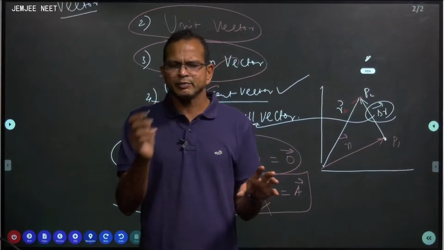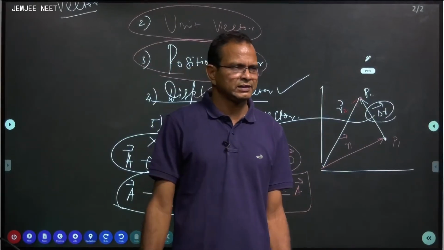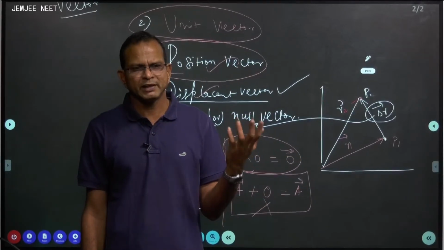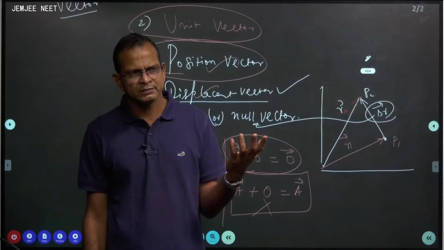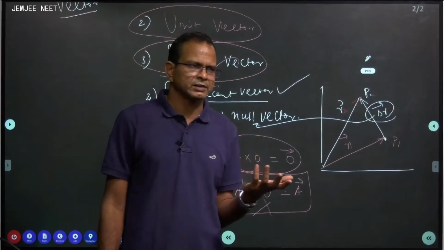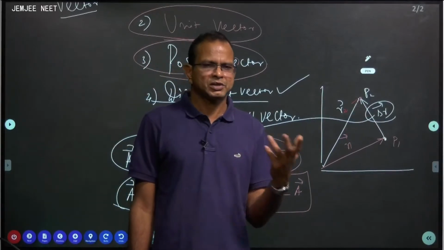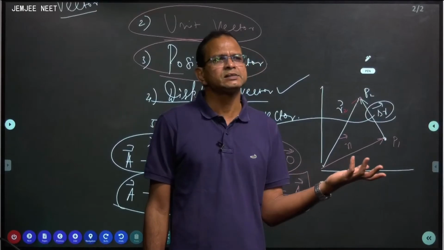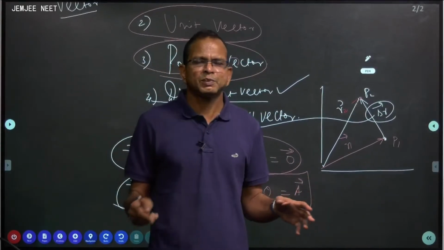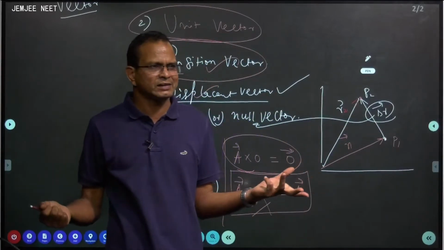A tensor cannot be vector, a tensor cannot be scalar, a scalar cannot be vector. There are different varieties. Momentum is a vector. Force is a vector. Mass is a scalar. Pressure is a tensor. In the room, the pressure is acting on this wall, that wall, everything simultaneously.